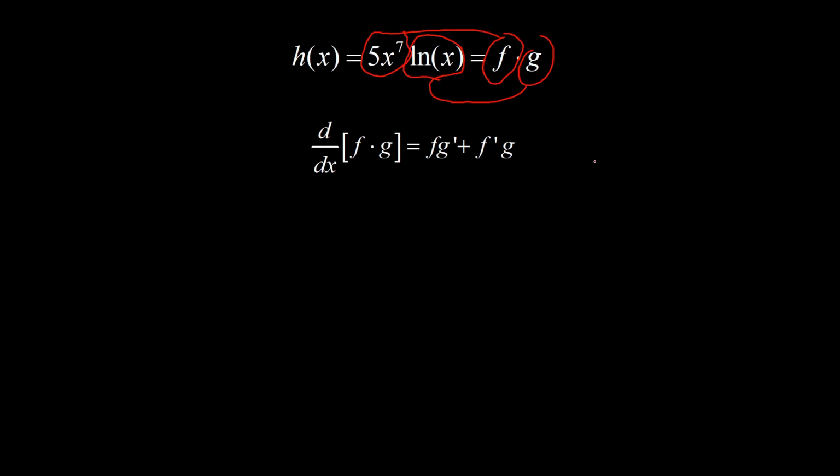And again, how you choose f and g is dependent upon the function class. So in other words, we wouldn't choose f to be the 7 here. We choose f and g to be one of our function classes. And the functions we have right now are four of them: the constant function, the power function, the exponential function, and the logarithm function.